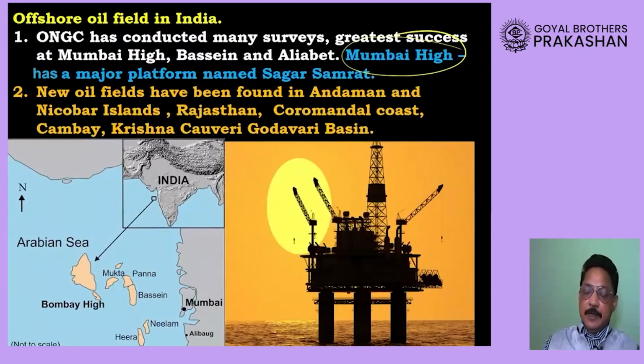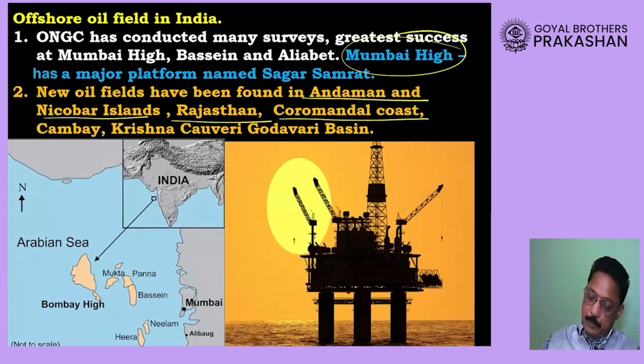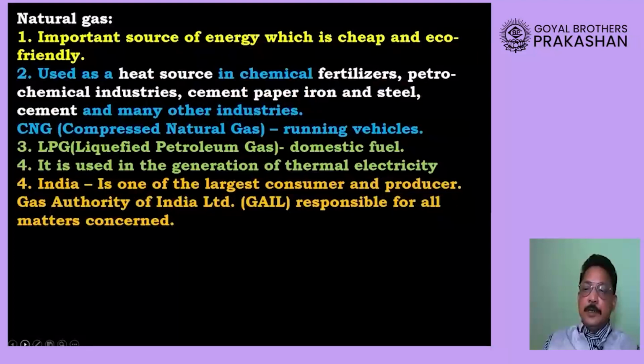They have also found it in Andaman and Nicobar Islands, in Rajasthan, the Coromandel coast here in the Tamil Nadu region, Cambay meaning Gulf of Khambat, as well as in Krishna, Kaveri and Godavari river basins. Third important fossil fuel for our country is natural gas.